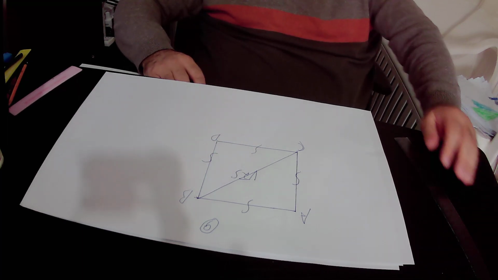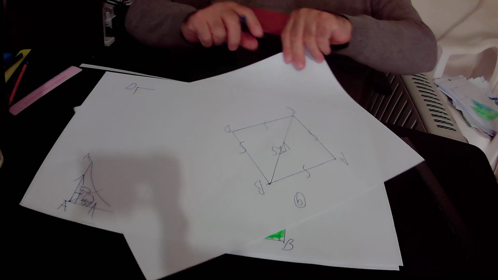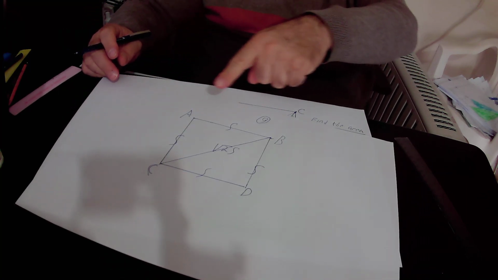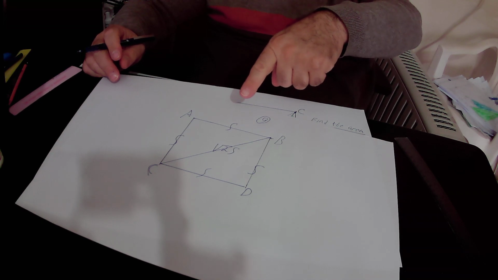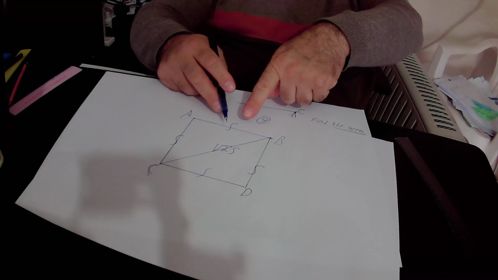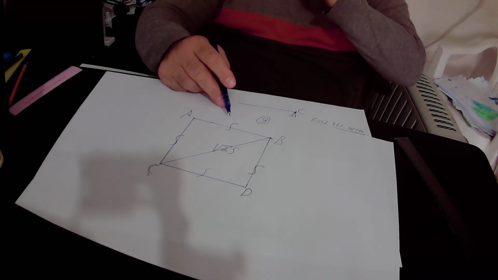So if the length of one side of square ABCD is S units, the length of its diagonals BC and AD will be equal to square root of 2 times S units.